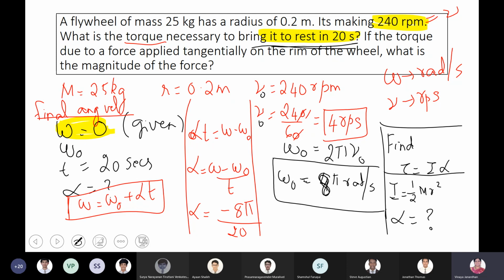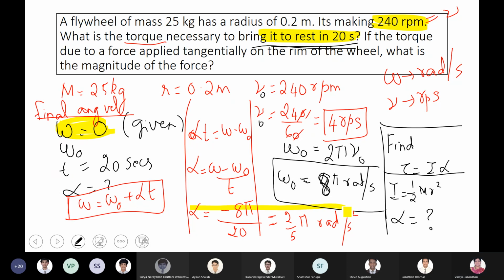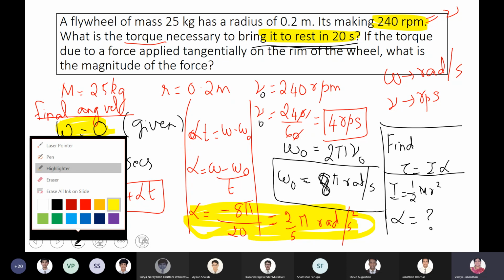So it becomes 2 by 5 pi radians per second squared. Correct, boys? Angular acceleration is 2 pi by 5, negative.